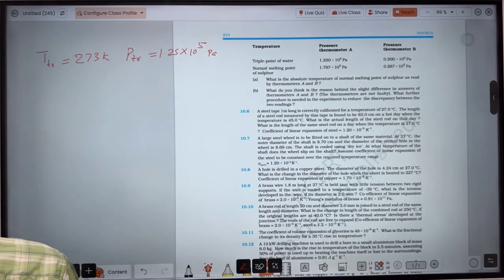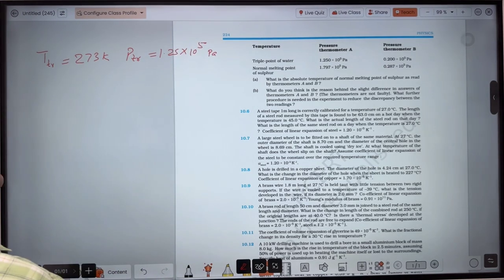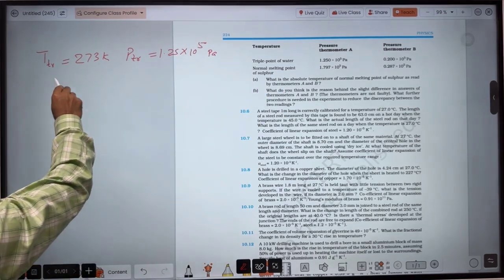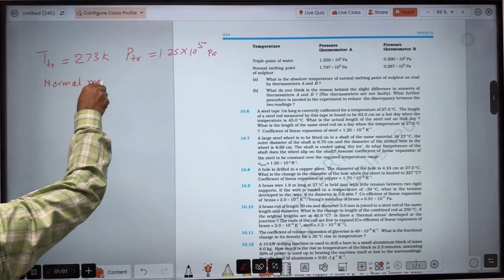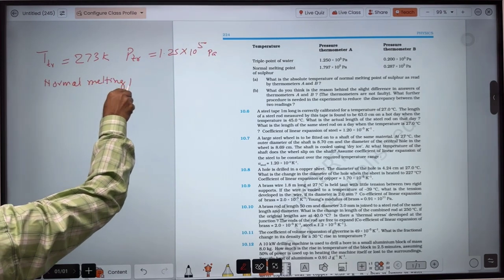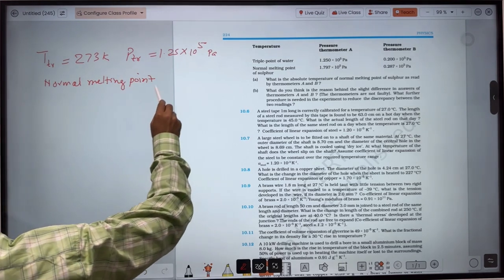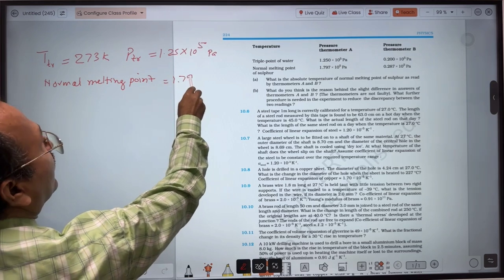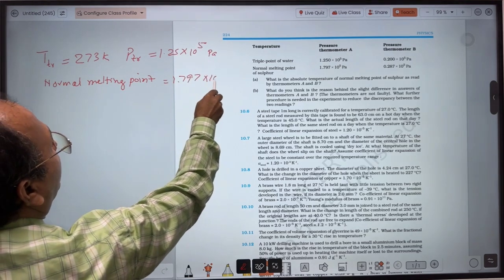And pressure, it's given, normal melting point of sulfur is given this much. So normal melting point is given as 1.793797 into 10 power 5.